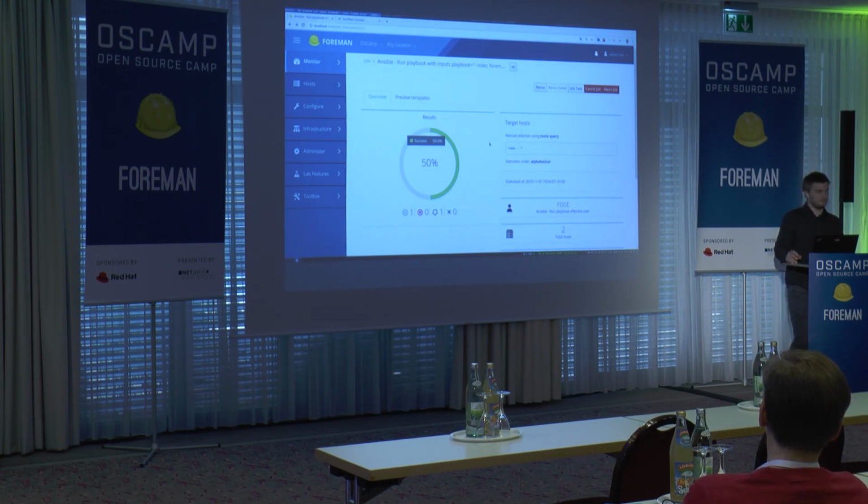That saves the POST requests to the smart proxy, but we still have the number of hosts times Ansible playbook running on the smart proxy approximately at the same time, which is not really convenient, and it can create a pretty heavy load. If we have over 1,000 hosts, it's basically a no-go.